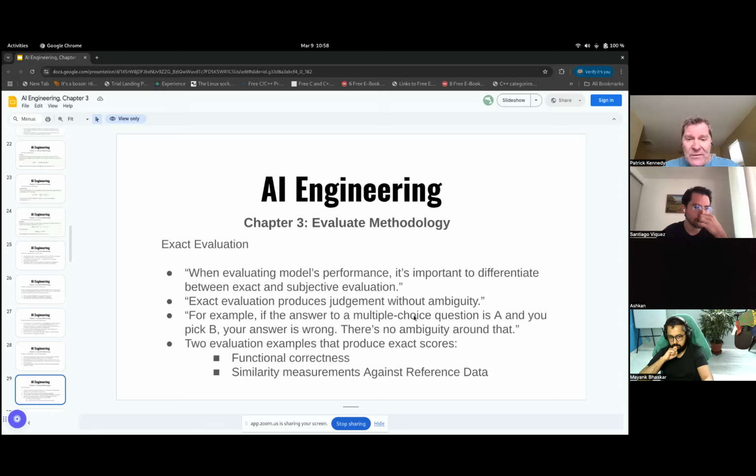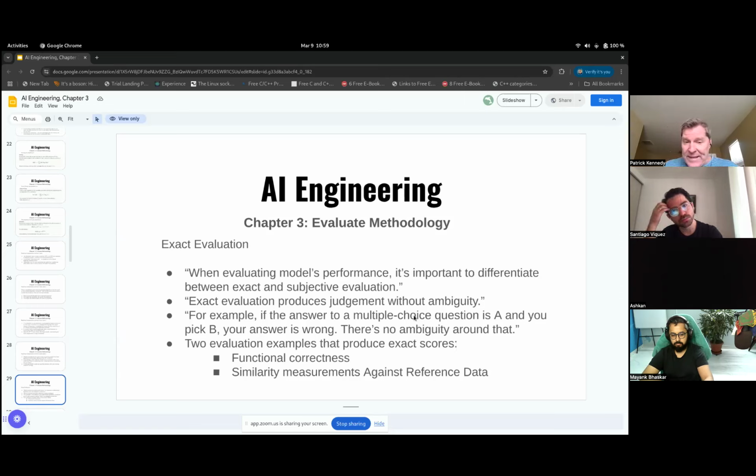So exact evaluation produces judgment without ambiguity. For example, if the answer to a multi-choice question is A and you pick B, you're wrong. There's no ambiguity about that. Two evaluation examples that produce exact scores: functional correctness and similarity measurements against reference data.